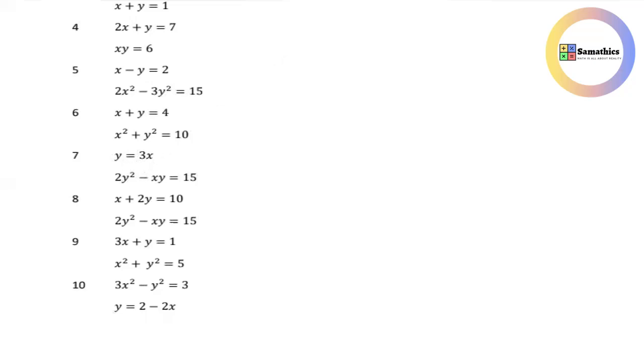That will be easy. So we can do this simply by substituting the value of y here. So if we substitute here y, then it will be 3x whole square minus x into 3x is equal to 15.